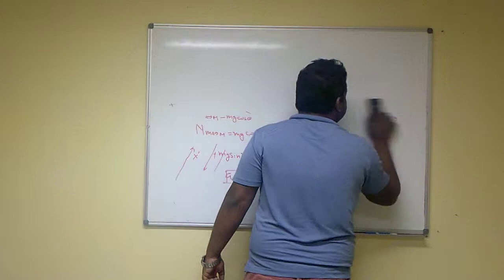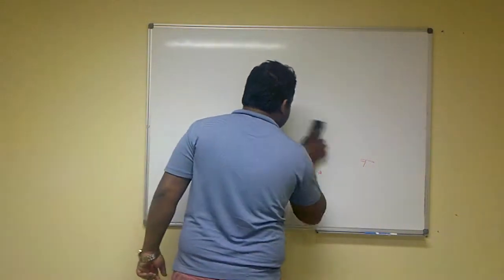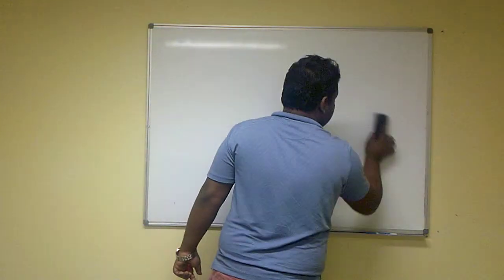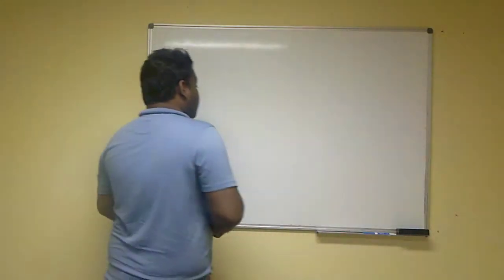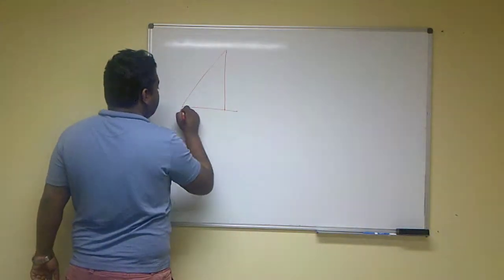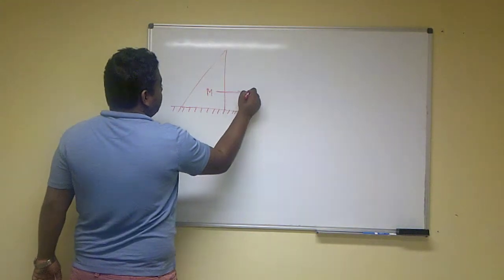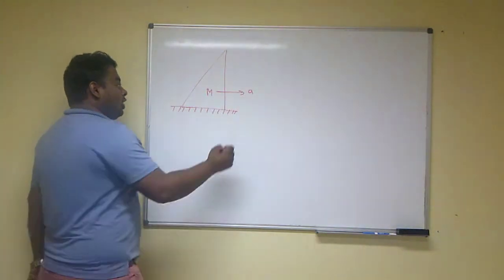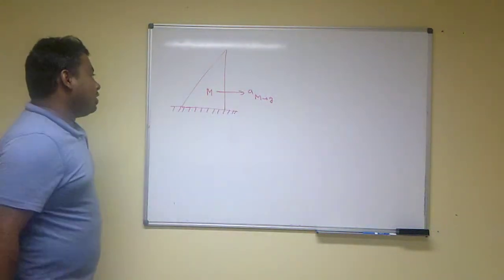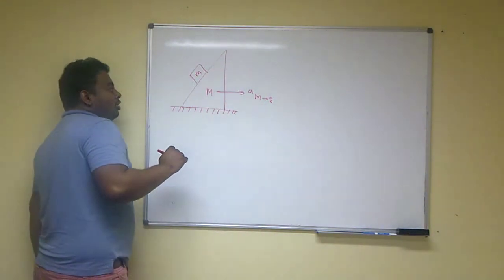Solving another problem. Now what's happening is this capital M, let's say, is moving at an acceleration capital A due to gravity towards its right hand side. Now my mass m is kept like this, alright?